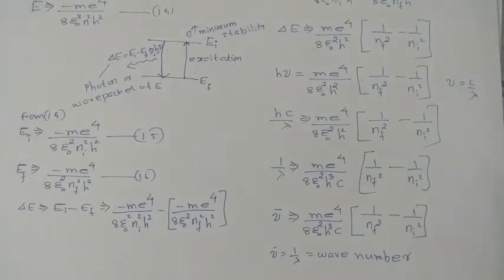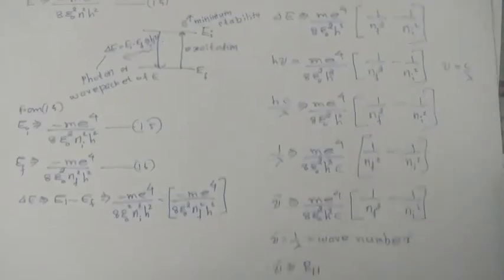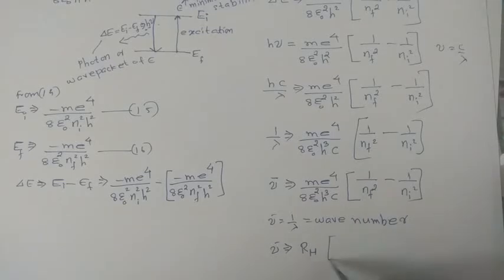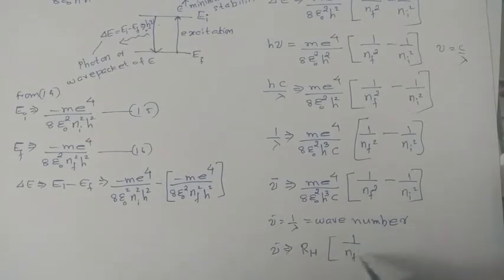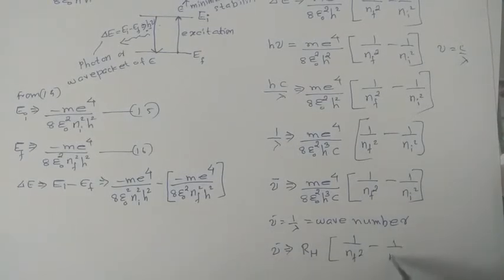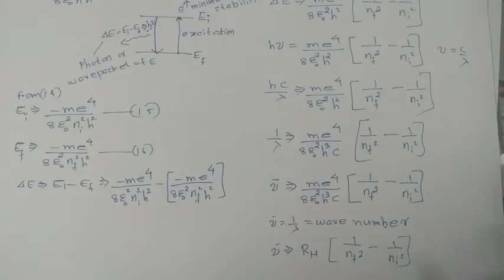Here m e⁴ divided by 8 epsilon 0 square h cube c is the constant. So nu bar is equal to capital R_H into (1 by n_f square minus 1 by n_i square).